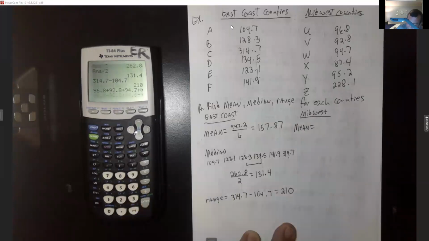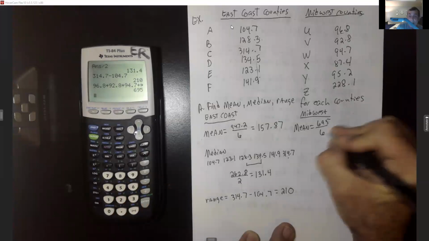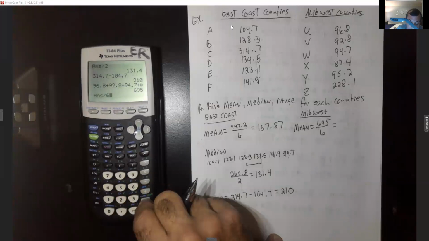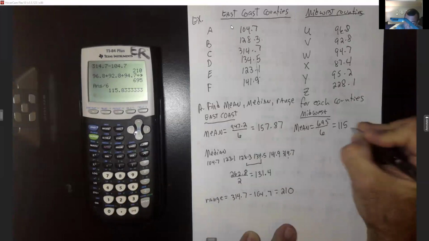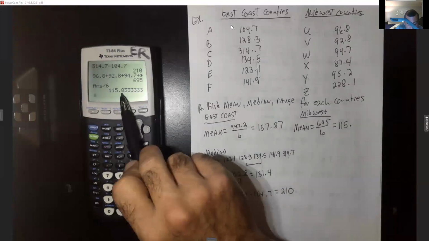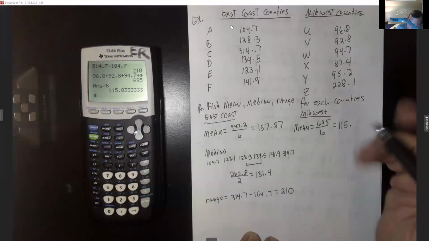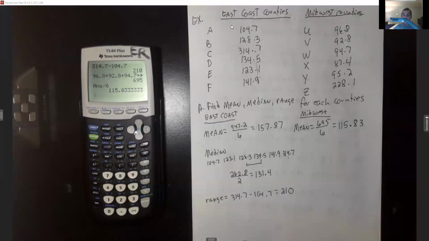That total gives me 695. I need to divide that by 6 also, so divide that by 6 to get an average of 115 point. So let's see, 2 decimals, so that's going to be an 8. So I'm rounding to where the 3 is. Since that's a 3 after, I'm going to leave that a 3. So I get 115.83. Alrighty, median.